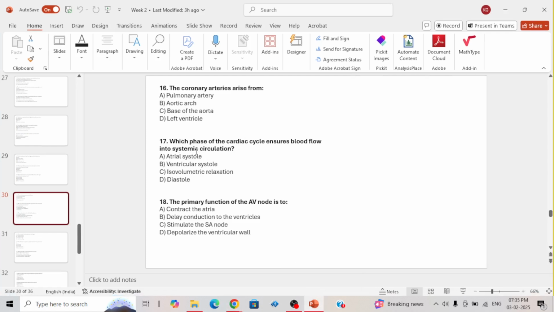The next question is, which phase of the cardiac cycle ensures blood flow into the systemic circulation? Tell me. Which phase of the cardiac cycle ensures blood flow into the systemic circulation?